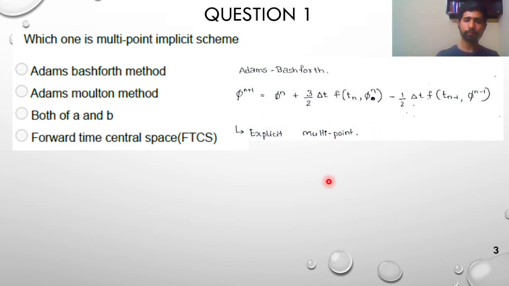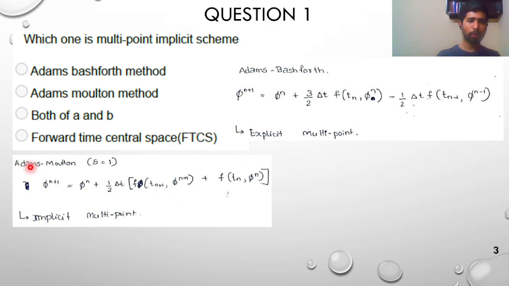Now, if we go to the Adams-Moulton method, there are many Adams-Moulton methods in the literature, but a very simple one is where you take the average of the function at the current and the next time step.